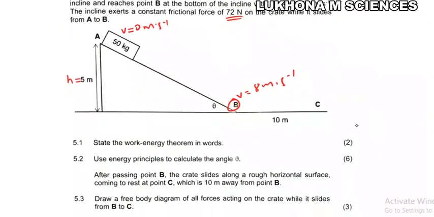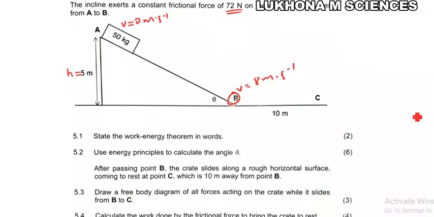We have AB and BC, which means we are going to have two free body diagrams. We have a free body diagram on path AB and a free body diagram on BC. Let's just go straight to the questions.